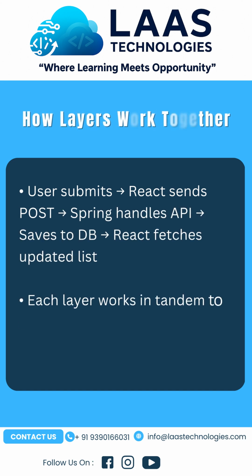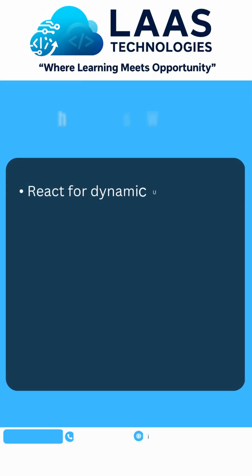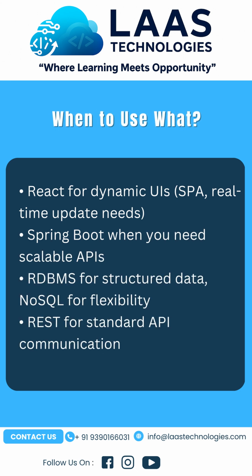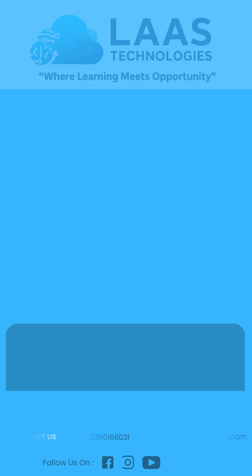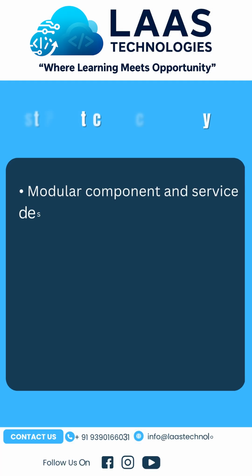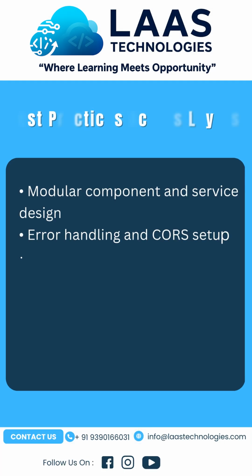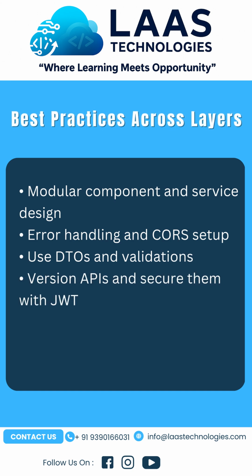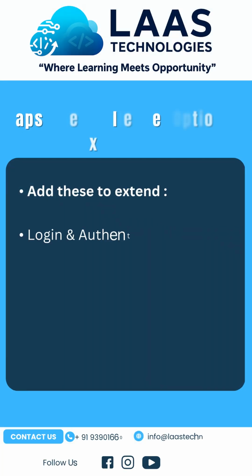In this slide, we will discuss how the layers work together. When a user submits feedback, React sends a post request. Spring Boot receives that request from React, interprets that API, and saves the data into the database.